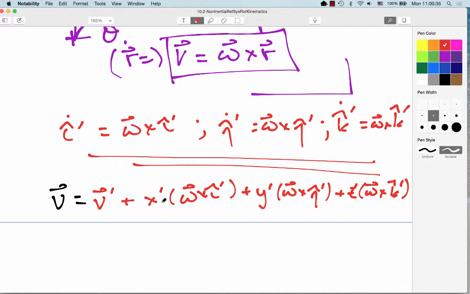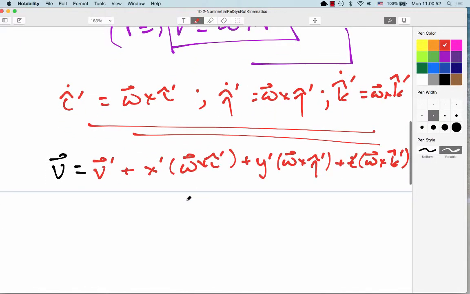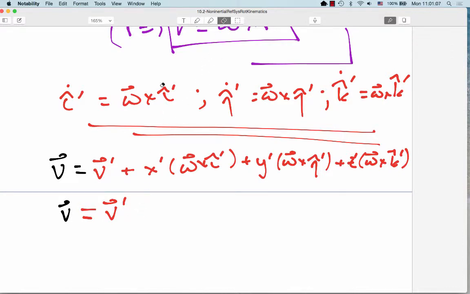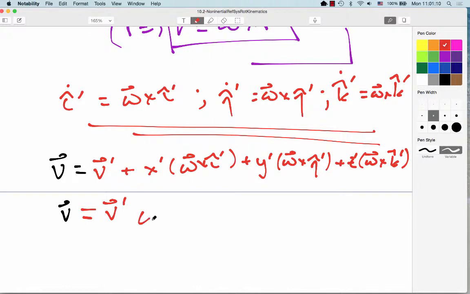So nothing says I can't associate that into the unit vector, and that'll do the same here and here. The cross product does distribute over addition, so then I can pull that out. So I'll get v equals v prime plus an omega cross r prime.